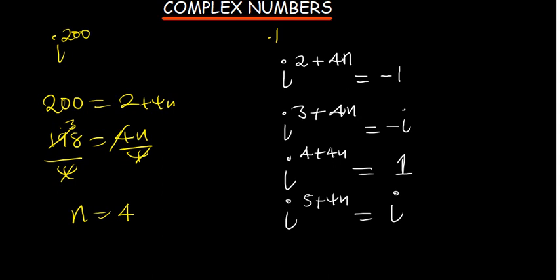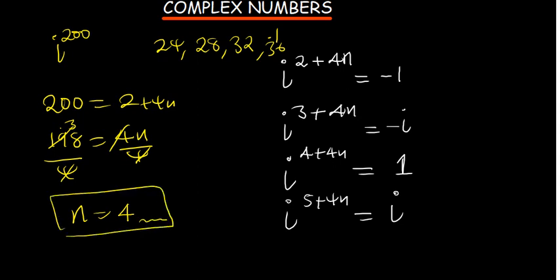We know that 4 can go into 24, 28, 32, and 32 plus 4 gives us 36. So 4 can't go into 38, it will give us a remainder. Whenever it gives you a remainder, don't count it in. This n should be a whole number. So this condition has failed, which means i to the power 200 cannot be equal to negative 1.